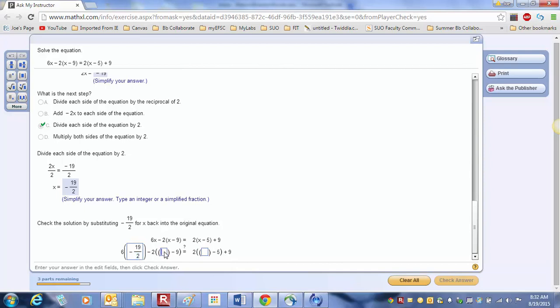And here also, and the same here, I'm going to replace x by negative 19 over 2. Now we're going to prove that the left hand side is equal to the right hand side. That's all we have to do at this step: just substitute x equals negative 19 over 2.